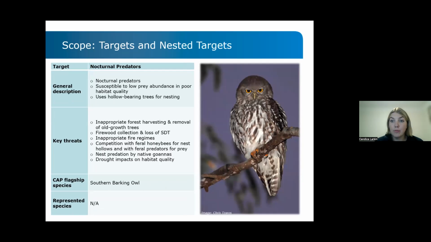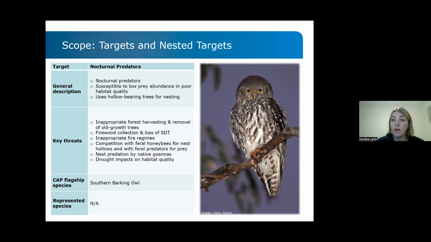Nocturnal predators are a tricky one because they occur at low densities. Our flagship species is the barking owl. These guys are quite stable in their northern range, but we are seeing a big decline in their southern range. Again, this is largely due to land clearing.